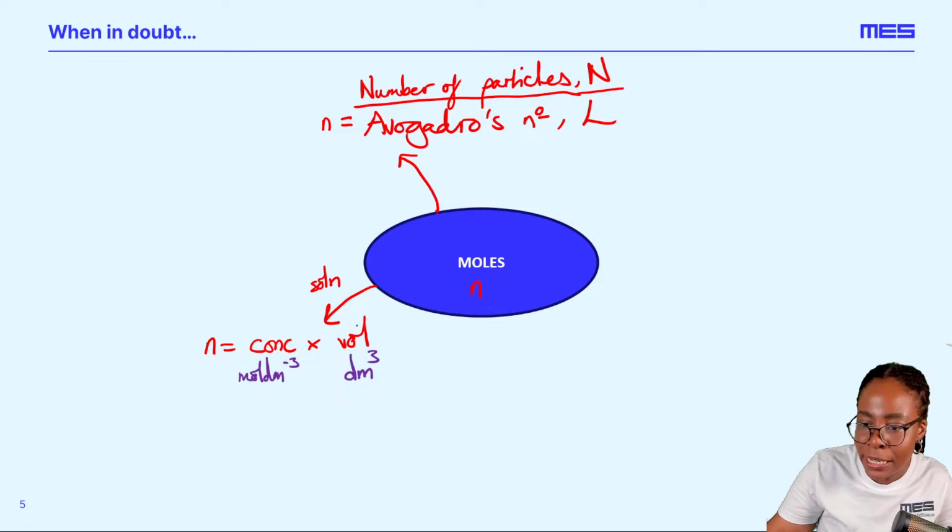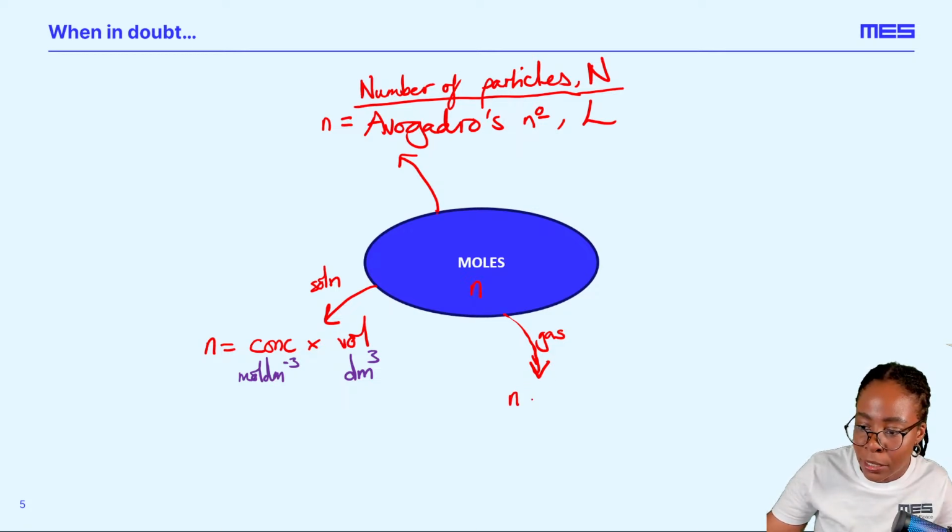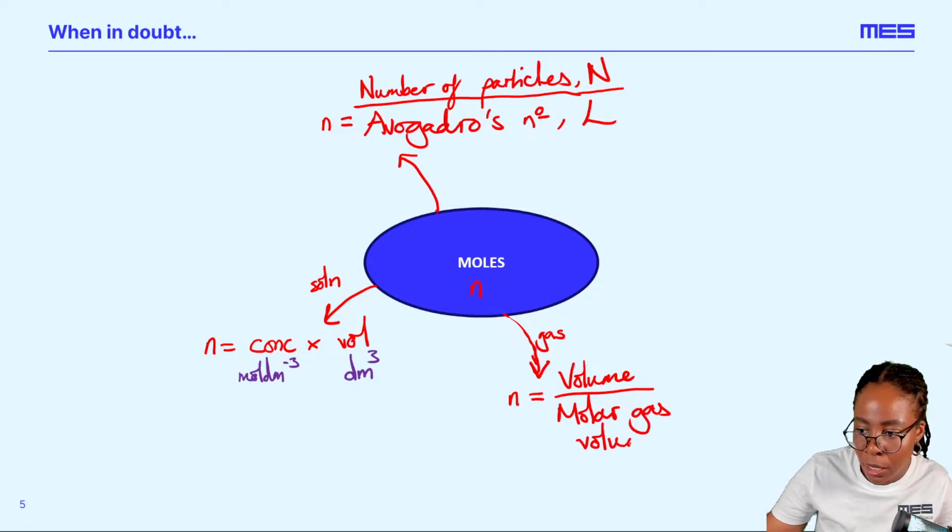Now, we don't use this calculation in AQA, but I'm going to put it there anyway. When we're dealing with gases, if we are at a particular temperature and pressure and we know the molar gas volume, the number of moles is equal to the volume of that gas divided by the molar gas volume, which is the amount of space that 1 mole of any gas takes up.